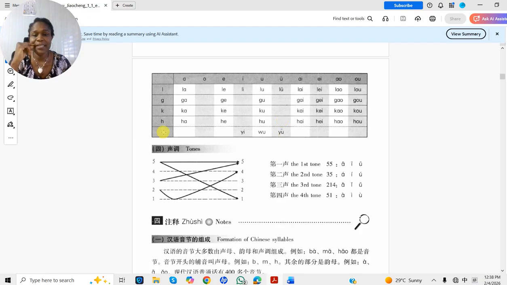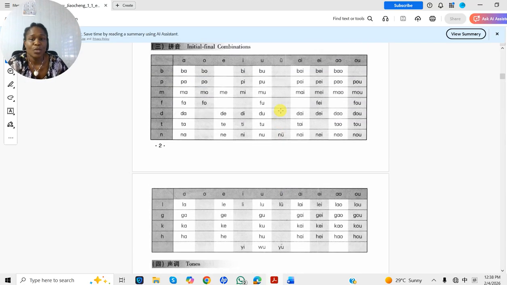There is also a last consonant, like Y or W. Just put it in mind that these consonants go with certain finals. If you write GO in Chinese, you won't get any character, and if any character comes out, it means nothing because it doesn't go with that final.